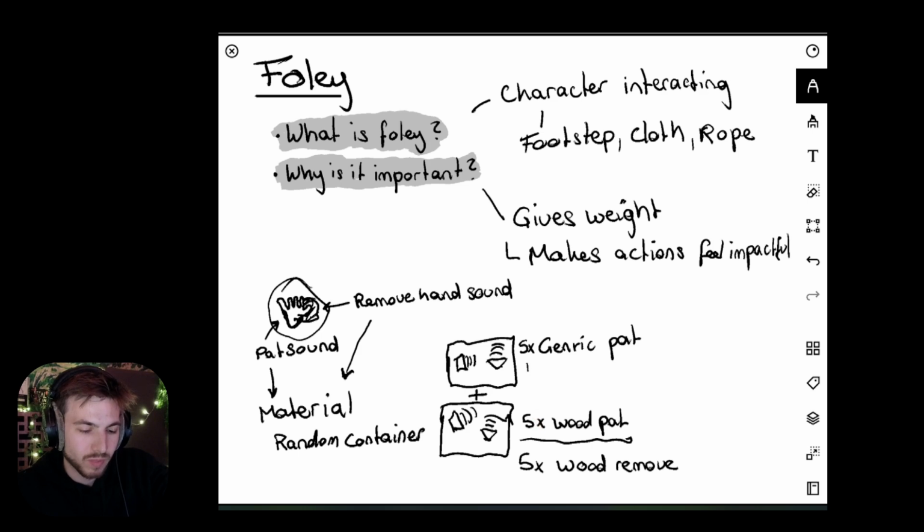And so maybe we have sound 1 of generic pat and sound 3 of the wood pat. And so you can imagine then how that can give us tons of different variations when we have different combinations of layers. So with 3 layers we would then get way more combinations, and so you can build different sounds with layers to get more variation.